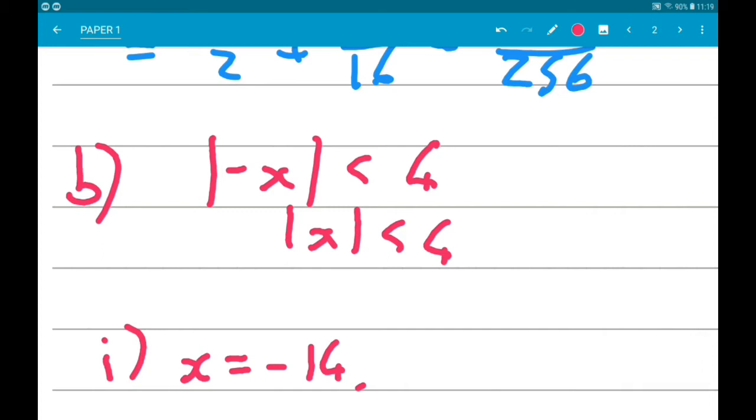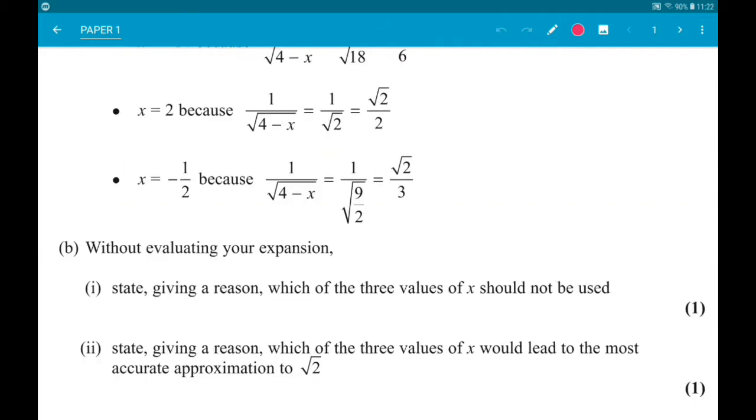because the modulus of minus 14 is greater than 4. Okay, then B part 2 wants to know which value would lead to the most accurate approximation to root 2.